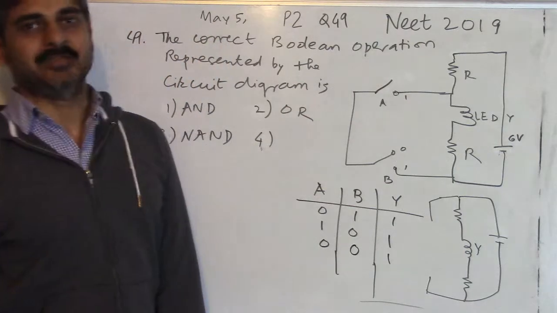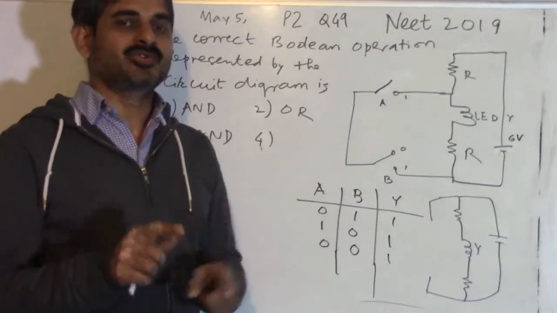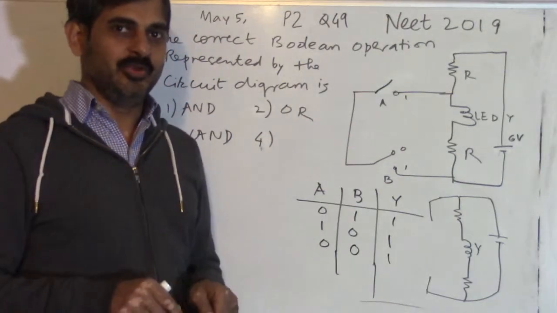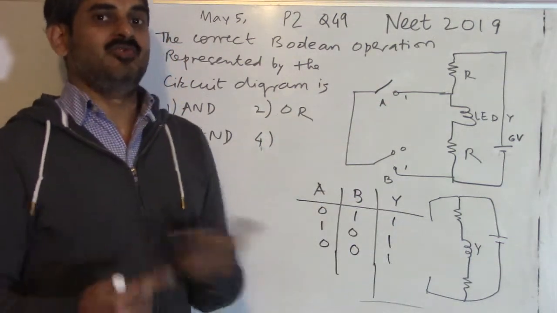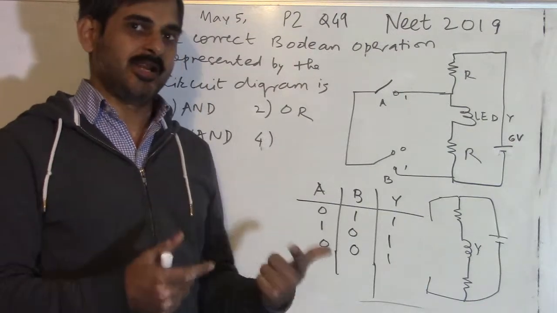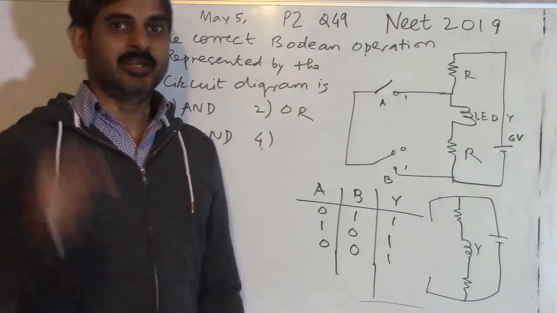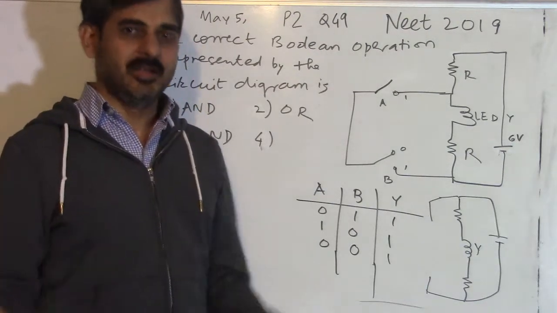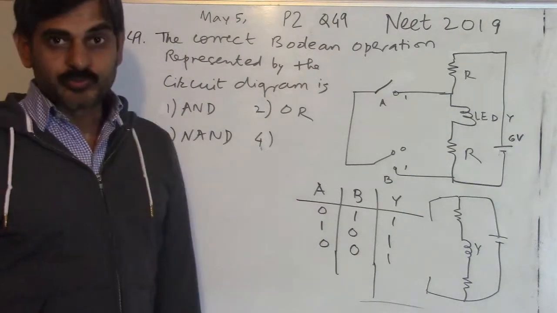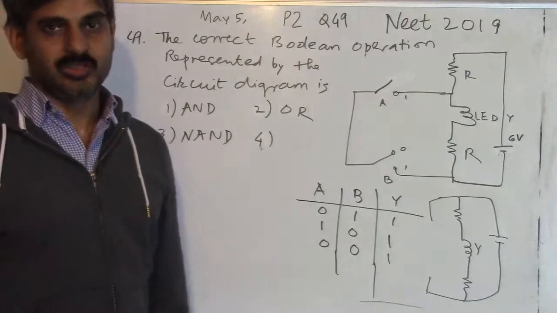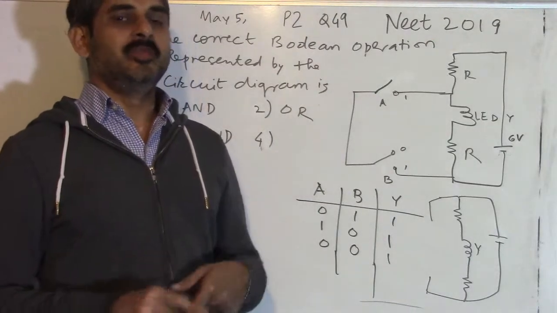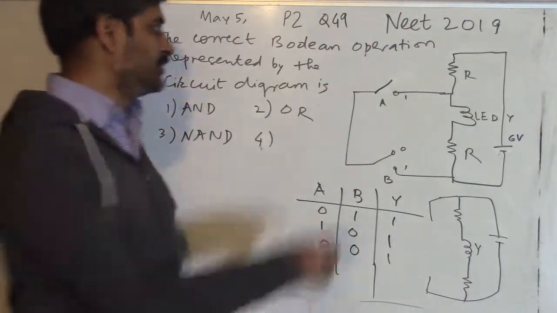And what is the last condition? That is the most important. You may want to stop this video right now, close the switch and see what happens, and try to understand how the circuit functions. It's actually a little physics, a little Kirchhoff's law and a little engineering. So think about it. How is the current flowing if I close both the switches? If you can do that, you will be able to do all such kinds of circuits.